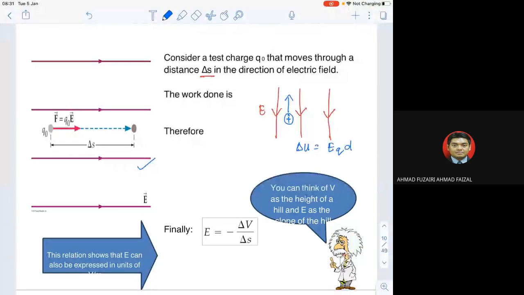And then delta V is equivalent to delta U over Q, so it becomes EQD over Q. Then we get delta V equivalent to E times D. So the two main things we should know are delta U and also delta V.